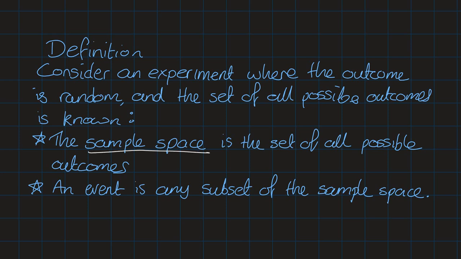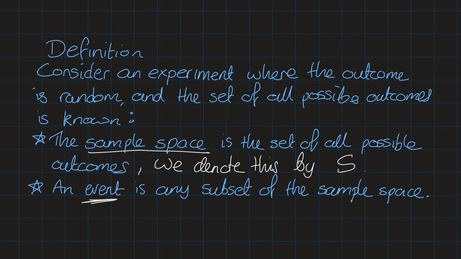The sample space is the set of all possible outcomes, and we denote this by capital S. So if you're flipping a coin, the sample space is just heads and tails. Simple as that. And an event is any subset of the sample space.